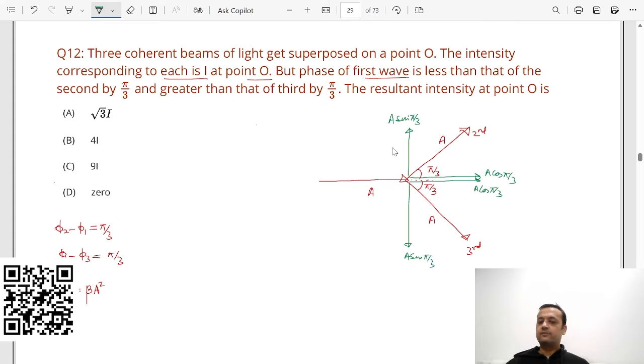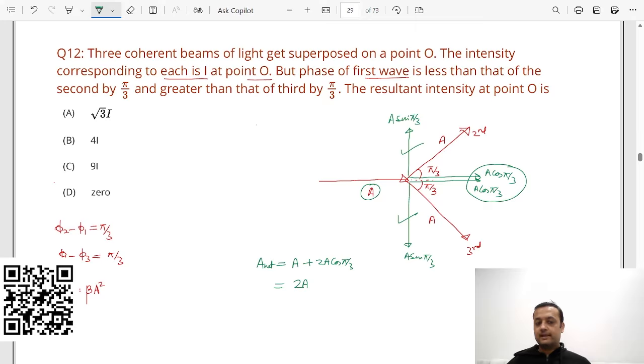The y components will cancel each other, and the x components will add up, and the first vector is also pointing in the x direction. So the net amplitude will be a plus 2a cos pi by 3. Now cos pi by 3 is half, so the net amplitude becomes 2a.